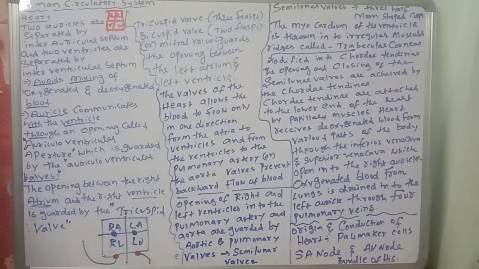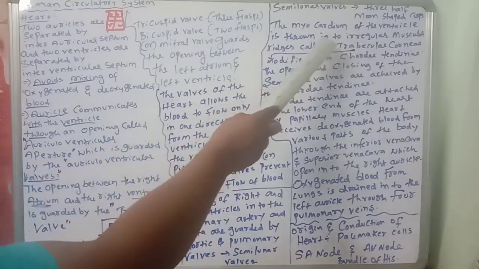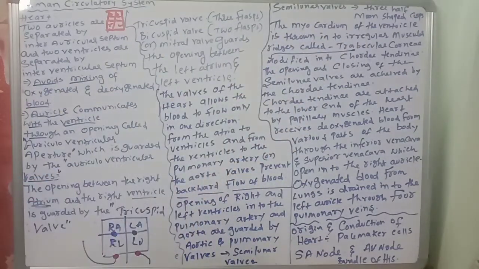Okay, this is another important one. The myocardium of the ventricle is thrown into irregular muscular ridges called trabeculae carneae. See here, these muscular ridges, the trabeculae carneae, are modified into chordae tendineae.